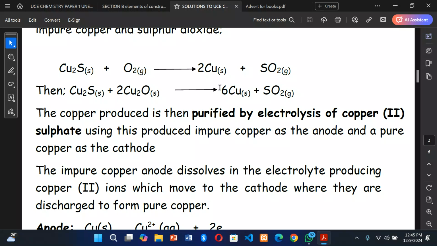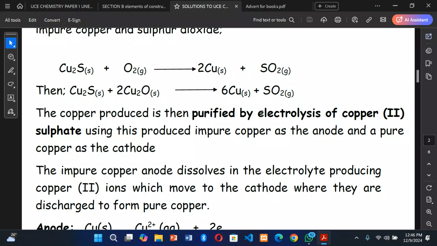Now, there is copper which has been produced. They're saying here that the copper produced is then purified. We said the purification process is supposed to be identified here, and we show how it is purified. So here we're talking about the purification.